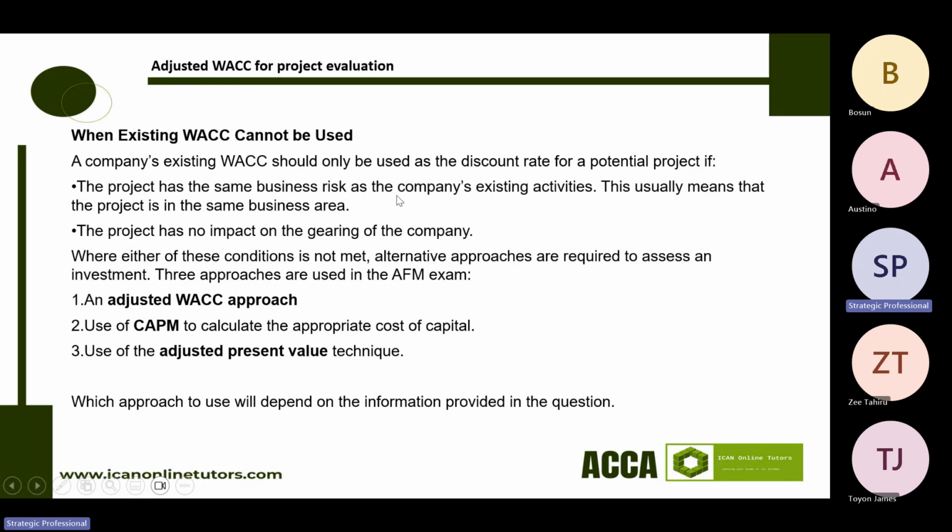Like when Access Bank wants to take over or invest in GT, whichever way, or appraise GT for purchase, merger or acquisition. This usually means that the project is in the same business area, and the project has no impact on the gearing of the company. Where either of these conditions is not met, alternative approaches are required to assess an investment.